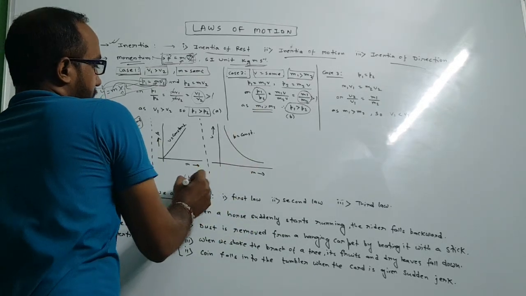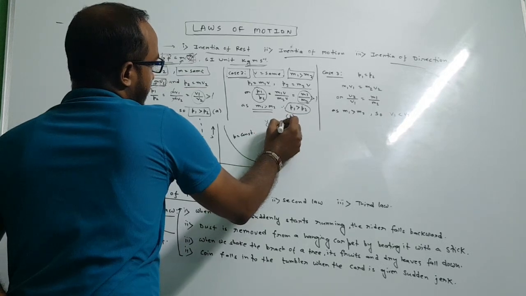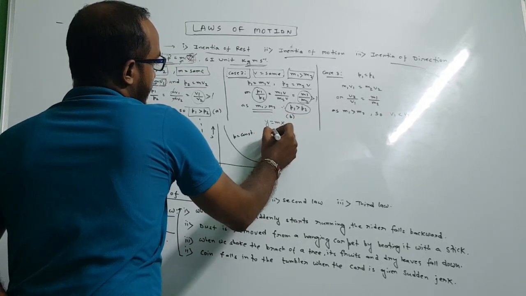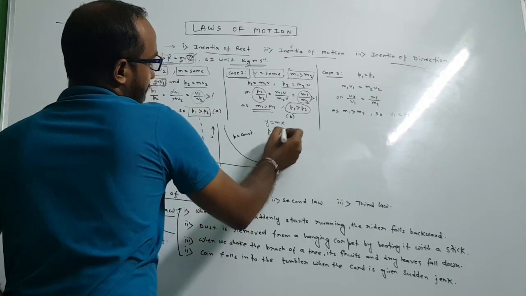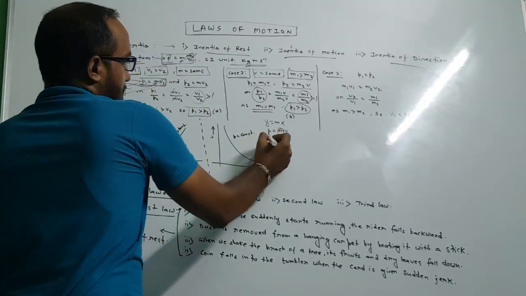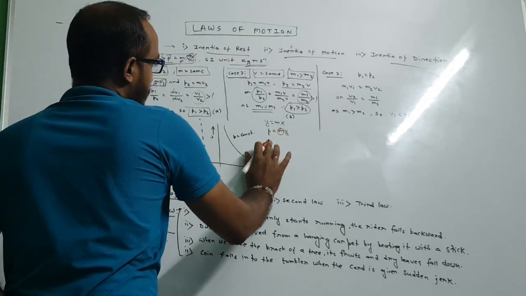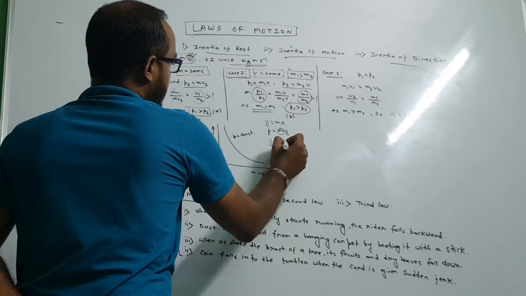Here the graph is B. See, in this case also it is y equals mx. So P equals m into v. Here mass is variable and velocity is constant. So in this case y equals m into x.